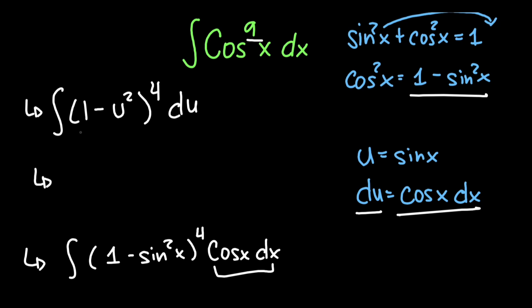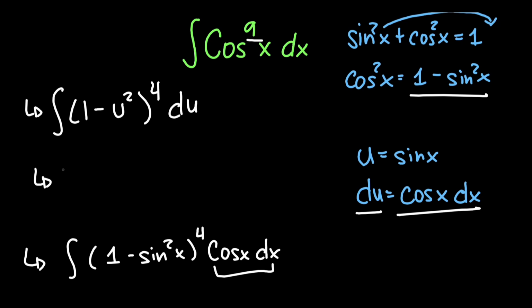And so the next step would be to expand this expression into its power of 4. You can use the FOIL method twice. Not the FOIL method, but just multiply this by itself 4 times.